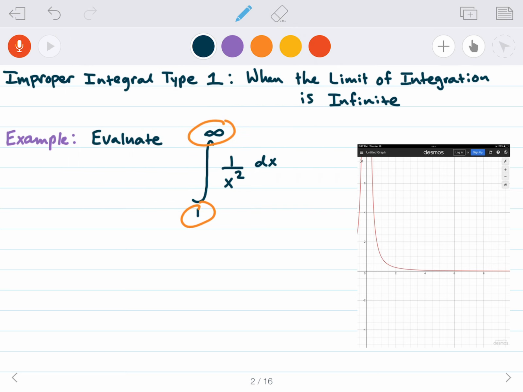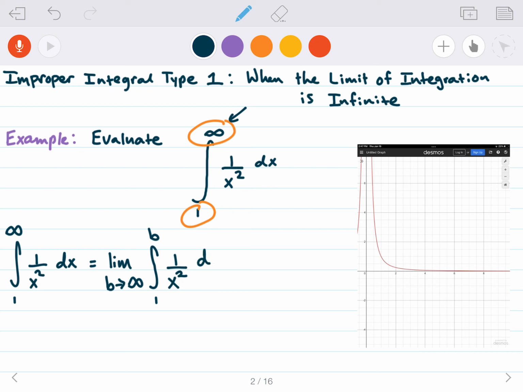To evaluate a limit like this, we are going to change this infinity to just an arbitrary variable b. So what we're going to write is that this is equal to the limit as b goes to infinity of the integral from 1 to b of 1 over x squared dx.